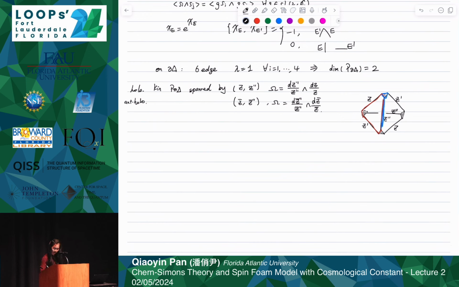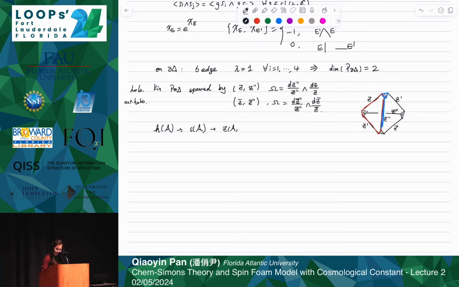And because we know that the phase space is a phase space of flat connections, the holonomy is a function of the connection. Then if I solve the eigenvector, which is a framing flag, the framing flag is also a function of the connection. Then I use this framing flag to construct the coordinates, which are z and z double prime.